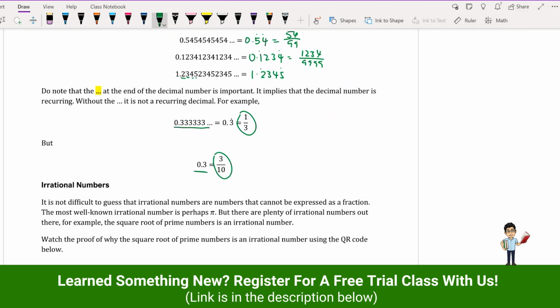Therefore, you need to understand 0.3 versus 0.3 dot. Which one is bigger? This one is 3 over 9.